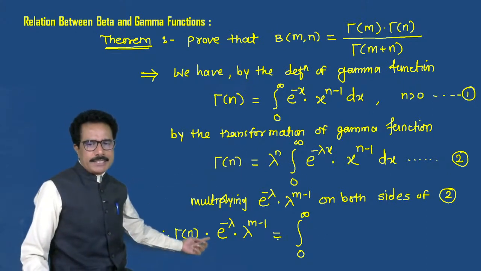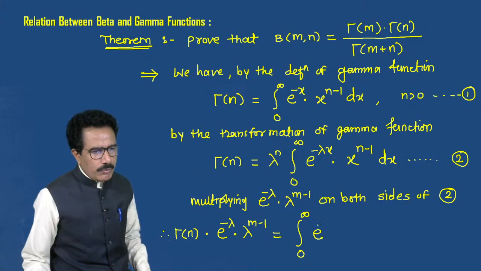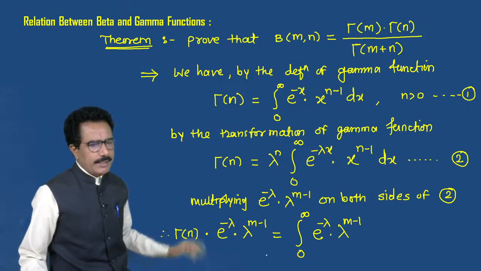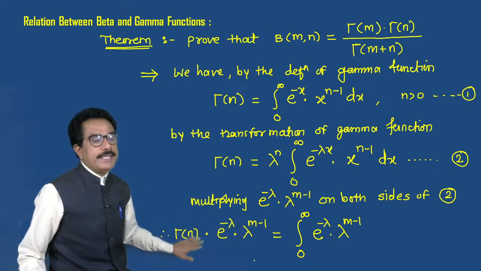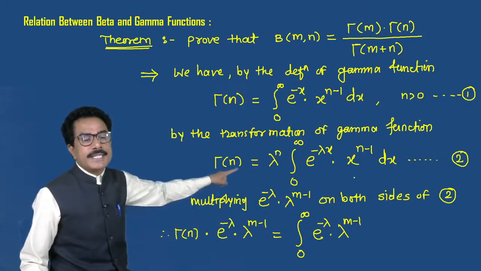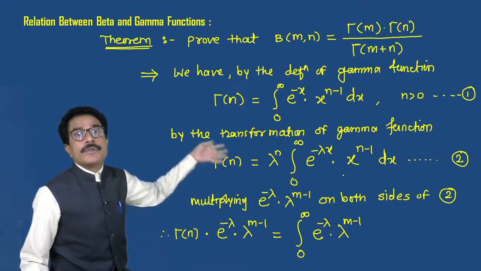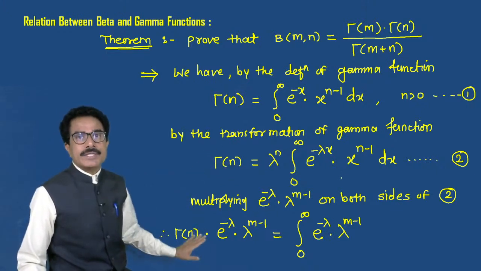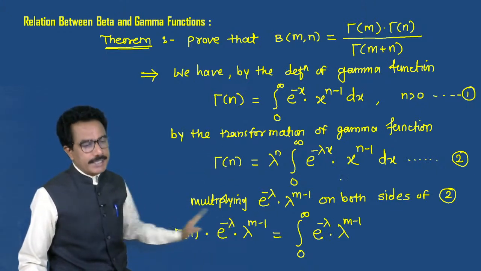So multiply this e raised to minus lambda into lambda raised to m minus 1, multiplying both sides by e raised to lambda into lambda raised to m minus 1. On the right side there is an integration with respect to x. For the integration with respect to x, lambda will be constant, so we can multiply this in the integration also.